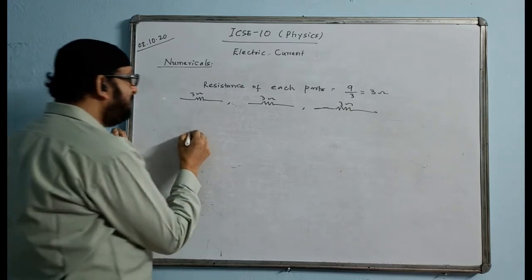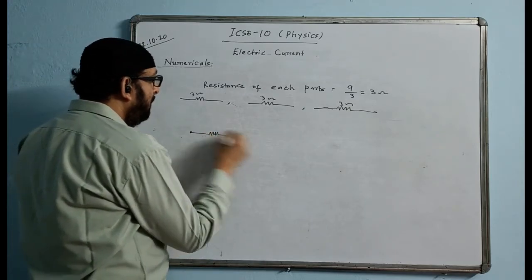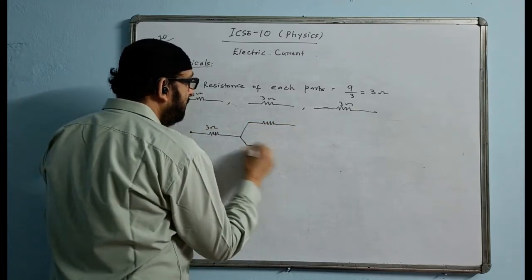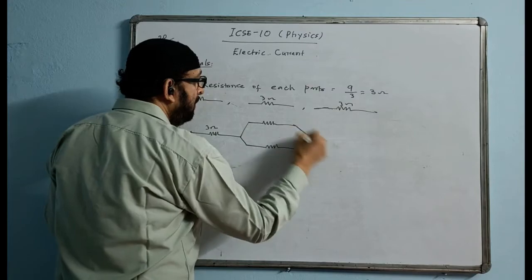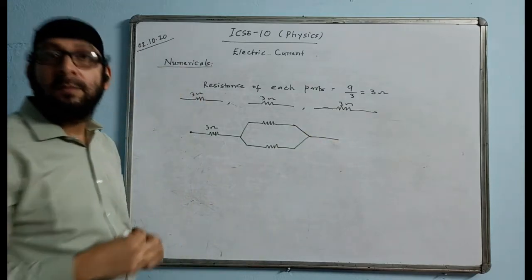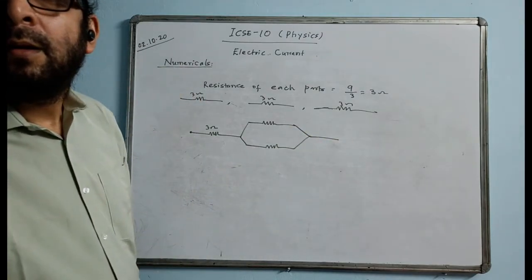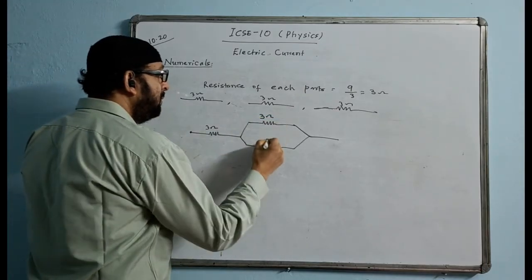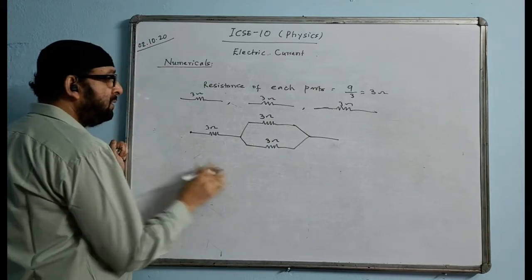That means you show the diagram this way. 3 ohm here and the other 2 you put in parallel like this way. This is 3 ohm, this is also 3 ohm. Now you find the answer.